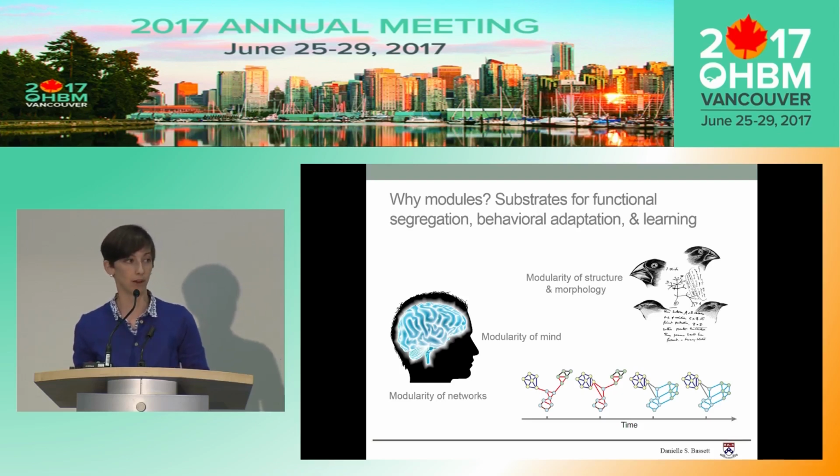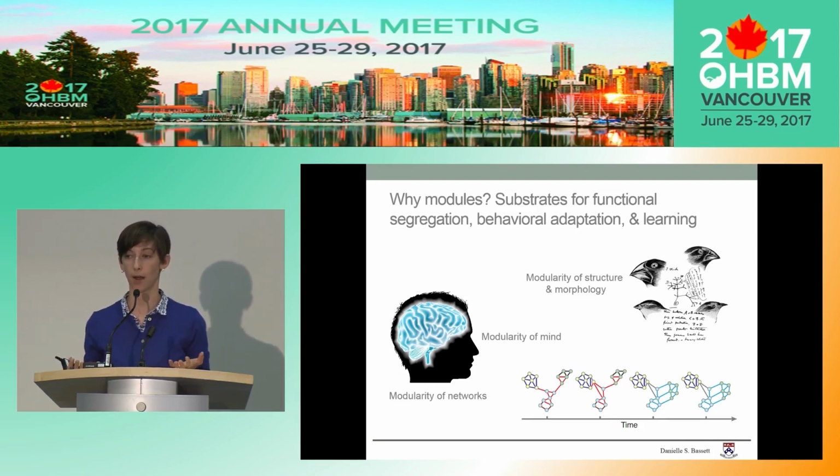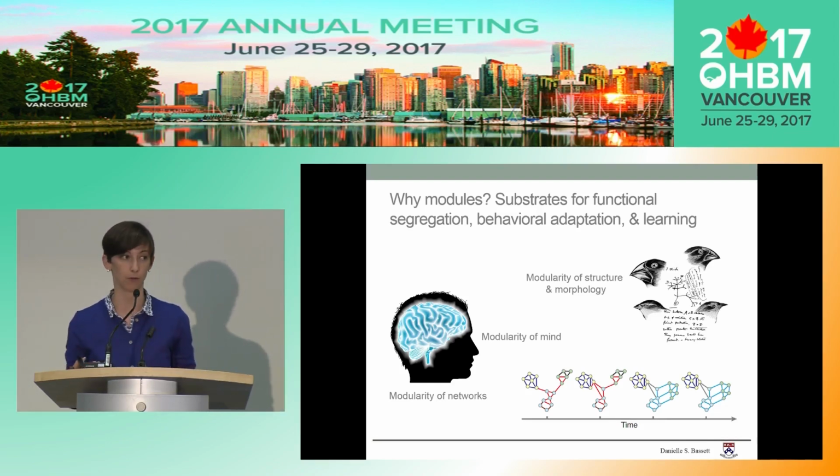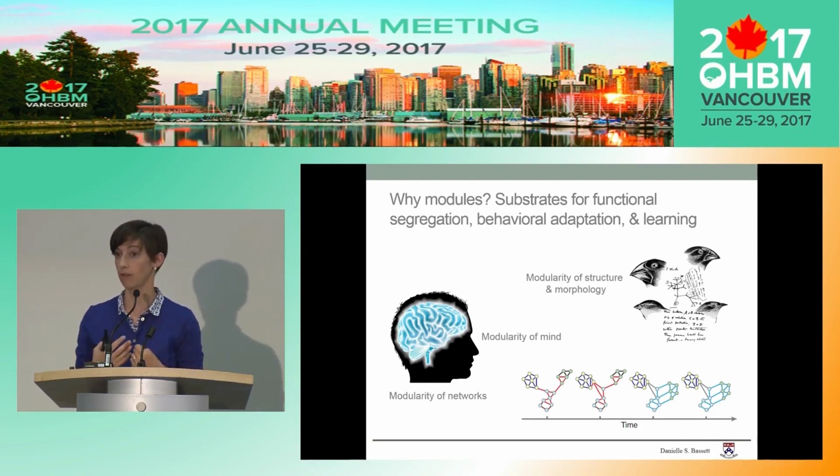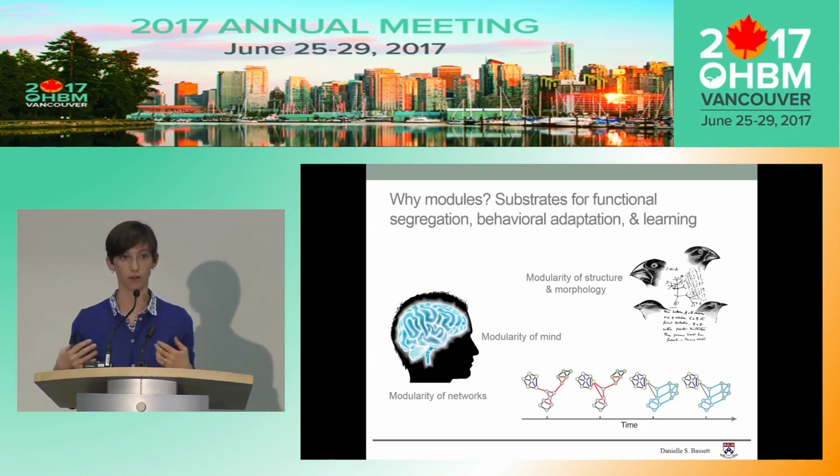So the idea that modularity is an important fundamental characteristic of adaptive systems has been around for decades, even centuries, even longer than that, if you go back through history. I have a picture up at the top here of Darwin's finches, where the modularity of structure is known to be supportive of the evolutionary changes that enhance diversity over the years.